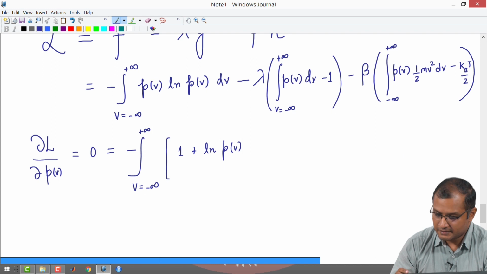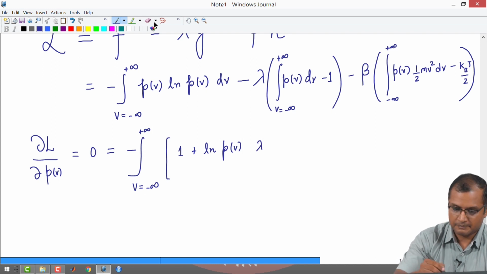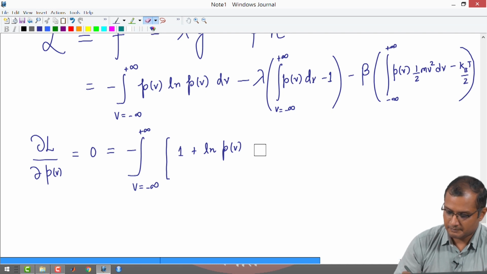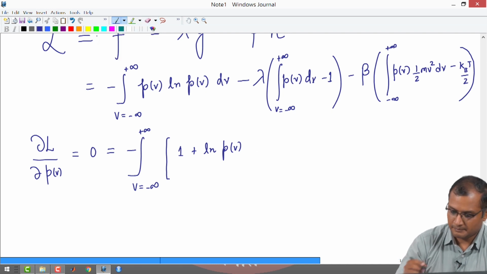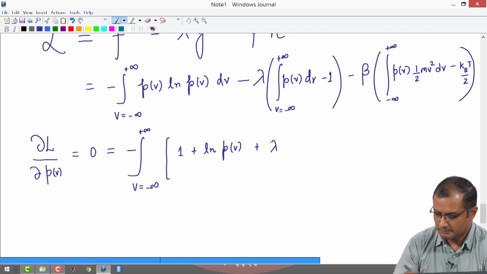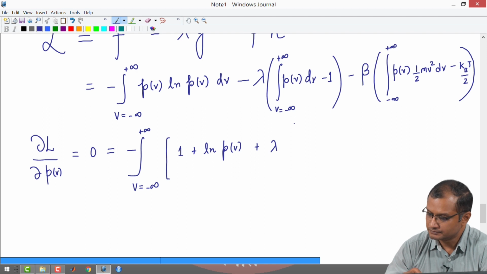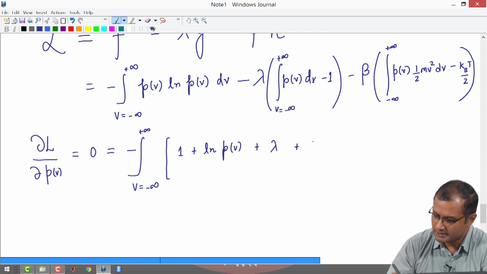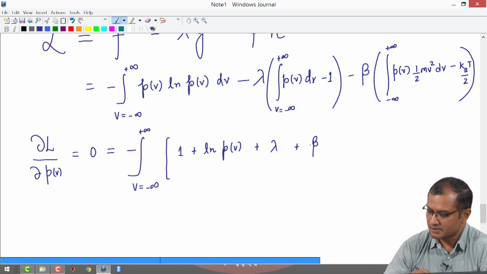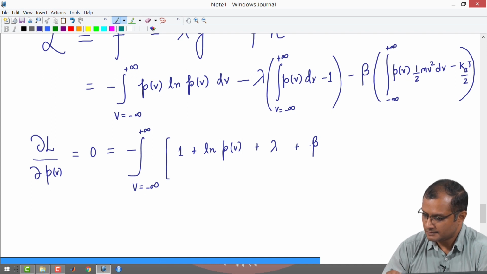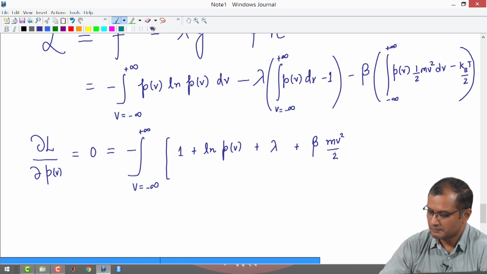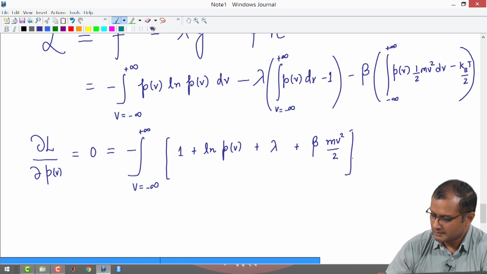From the second term I get lambda times one, and from the third term I get beta times mv square by 2, and this is an integral on v which is 0.